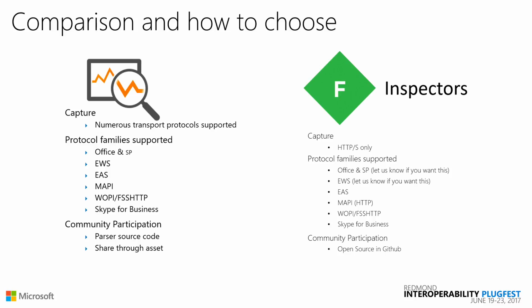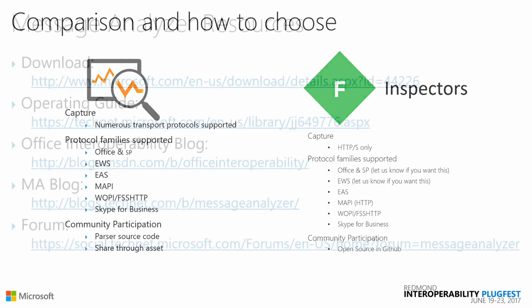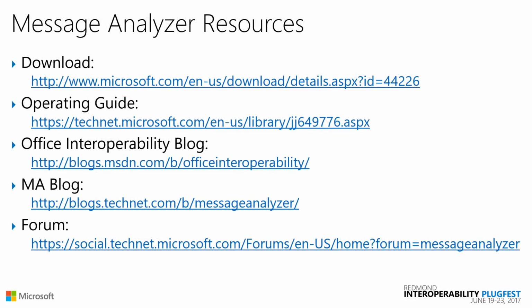I want to call out that these Office Fiddler Inspector files are public and open source on GitHub, so you are welcome to use them, write issues if you meet any, and also contribute back. We are open to hearing any feedback from you. These are some resources for using Message Analyzer or parsers.